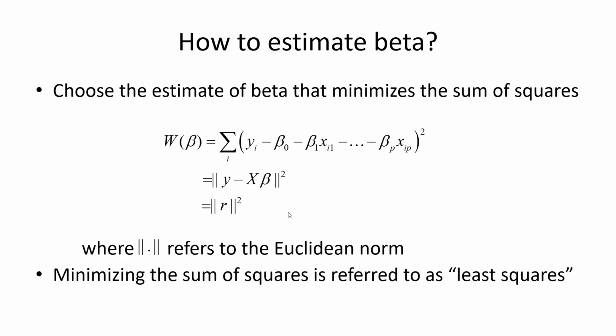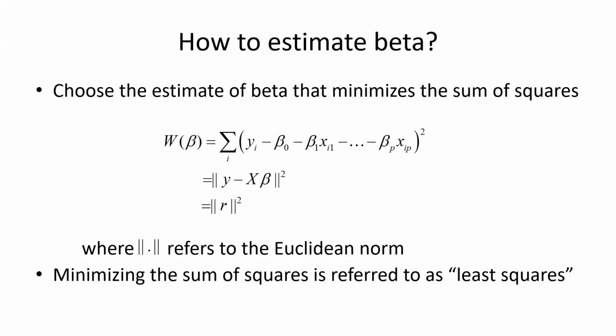Now, my criterion is that I'm trying to minimize the squared length of that residual vector. Because it's squared, it's always positive, so whether I minimize the squared length or the length of the vector itself doesn't matter.